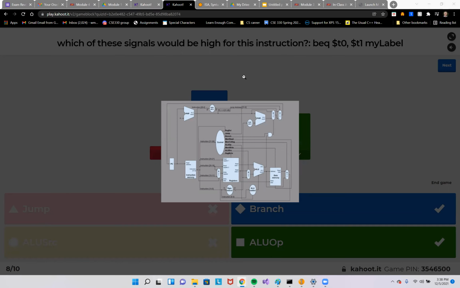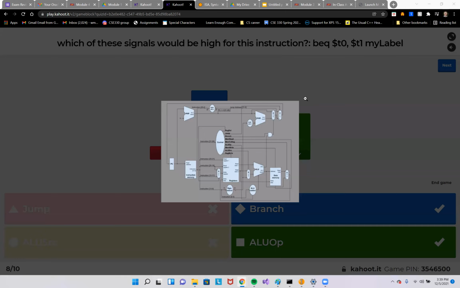Oh, it's ALU op, because we're doing a comparison, right? It's a branch if equal. A comparison is an ALU operation. So that's why the ALU op is on. It's off if you're not doing an ALU operation.